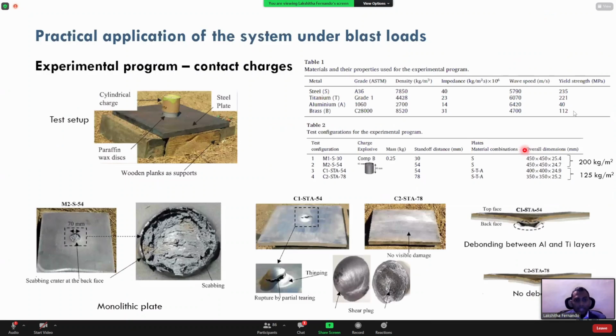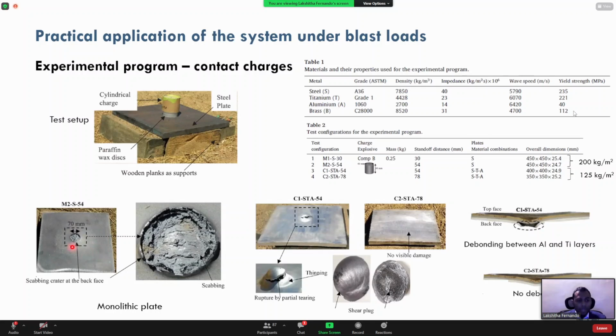And then we tested that for two kinds of charges. One was for contact charges. This is where the charge source is almost in touch with the material. So we first tested a steel plate, that's the reference one, and then we tested a new plate, the multi-material system. So when we had a steel plate, at the back surface we saw scabbing.